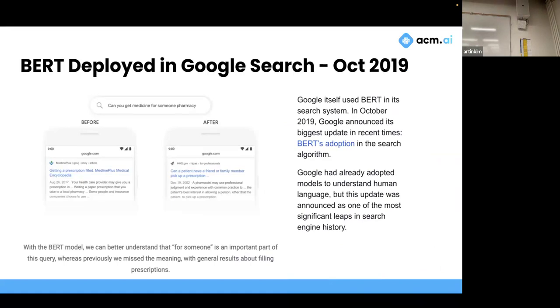But BERT is so good at encoding a sentence into this rich representation that they can compare that to websites, and it's rich enough that they can actually understand you want to get this for some pharmacy. The model is able to understand that you want it for a friend to pick up the prescription for you, right? Because that's pretty hard from that sentence, just thinking about the word frequencies, because most of the time pharmacy, medicine is gonna come up with a result that is just about the prescription, right?